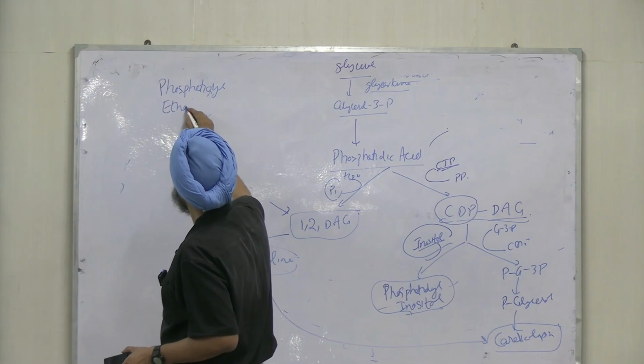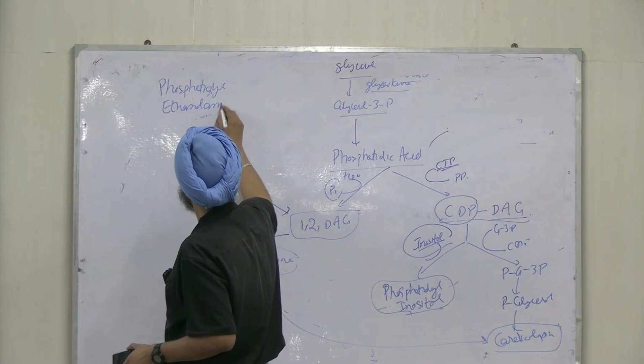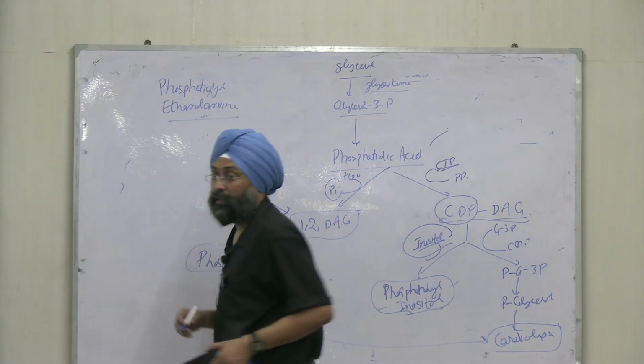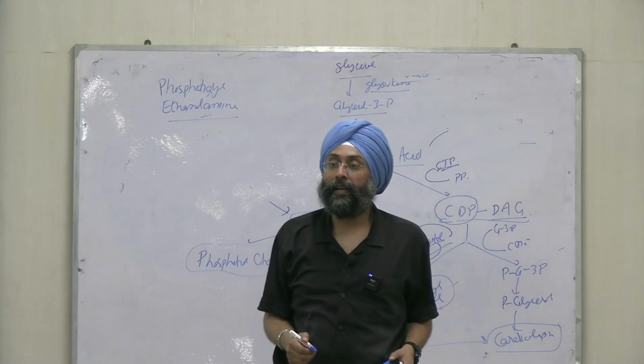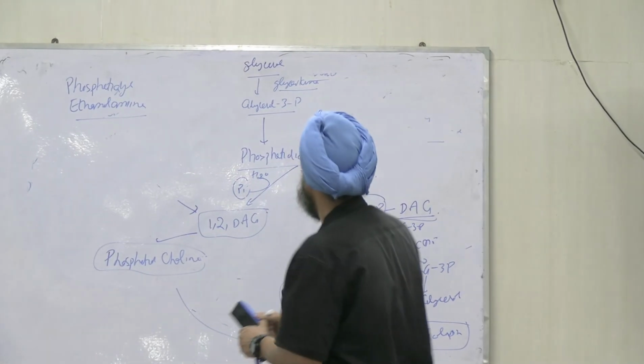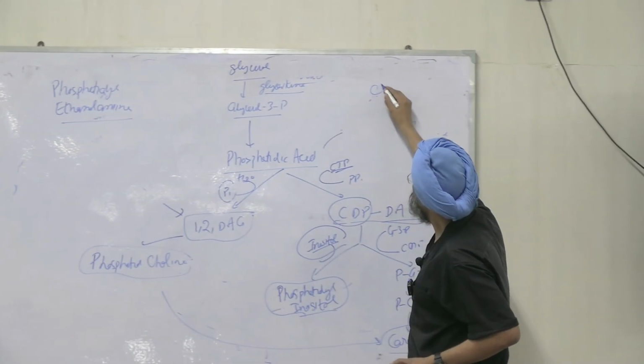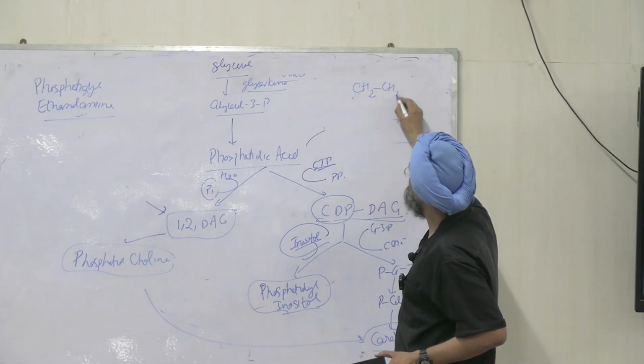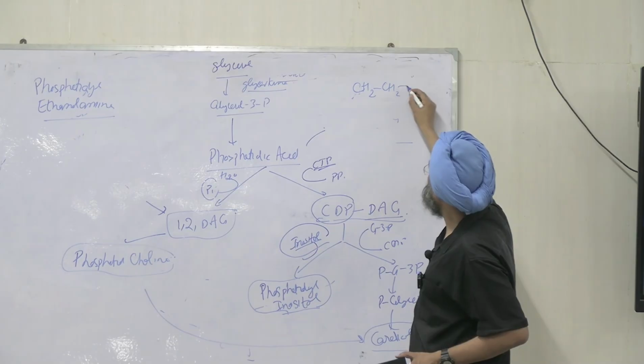Phosphatidylethanolamine. Phosphatidic acid plus ethanolamine. How? 1 carbon CH2, methane, ethane, amine.